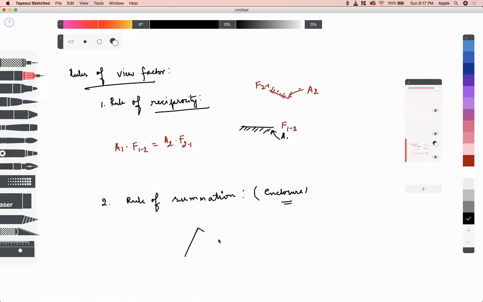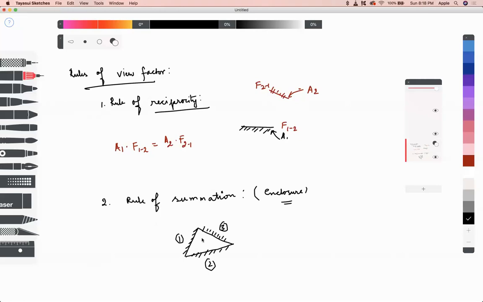At least 3 surfaces have to be there, because only then can you form an enclosure. With 2 surfaces, you cannot form an enclosure. Let's say this is surface 1, this is surface 2, and this is surface 3. And you can apply this summation rule for any one of the surfaces.